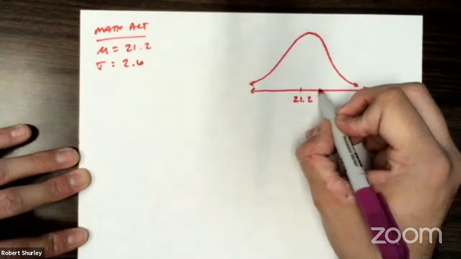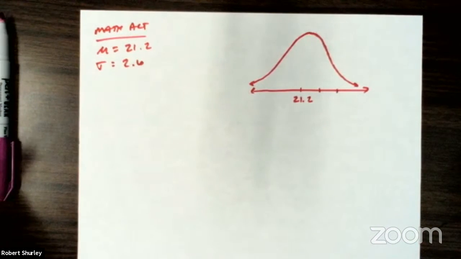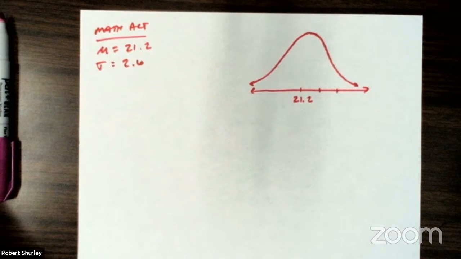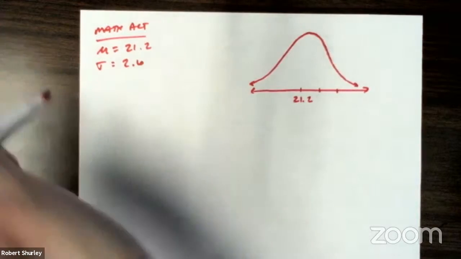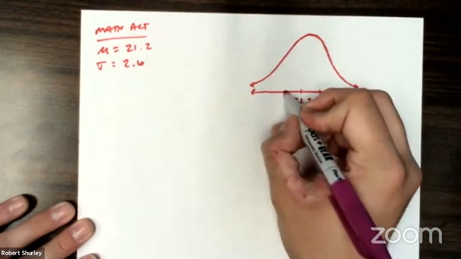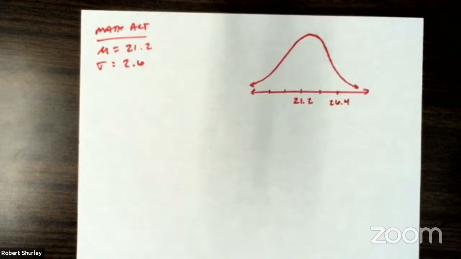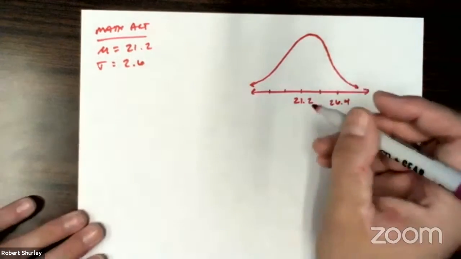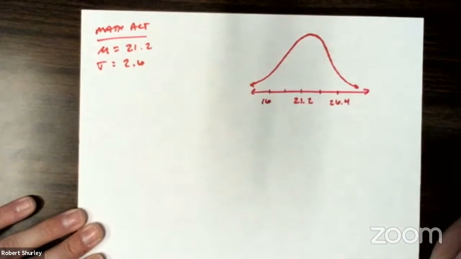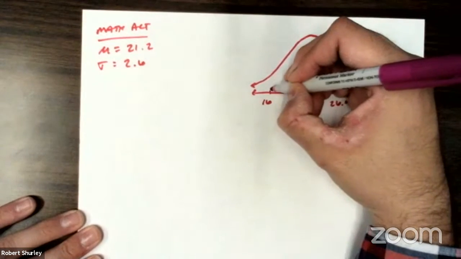If you go up 2 standard deviations, I'm going to use my calculator again: 21.2 plus 2 times 2.6 is 26.4. Then I'm going to go down 2 standard deviations: 21.2 minus 2 times 2.6, so it's actually an even number, 16.